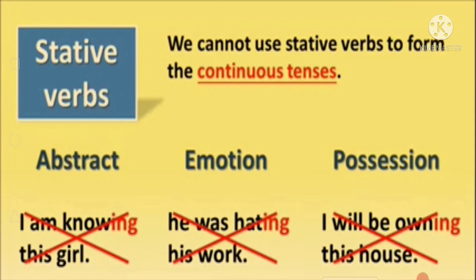When we say in abstract, I am knowing this girl, is it wrong? What is the correct sentence? I know this girl. To show emotion, he was hating his work is wrong. He hated his work. So it will not have the continuous tenses. Possession, I will be owning this house, is a wrong sentence. We need to say I will own this house. This is the correct sentence.